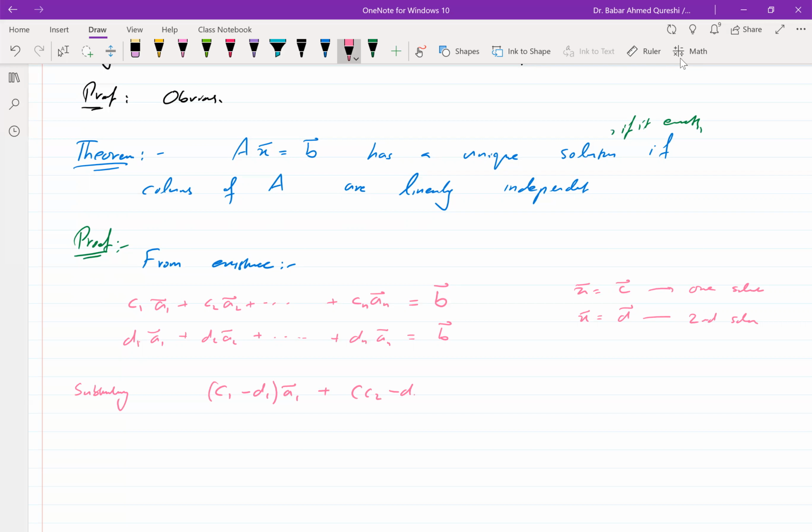And it must have a unique solution. And I know that the unique solution for a homogeneous system is always that all the xi's are 0. So that means this is 0 only if all the xi are 0. But that is telling me that these columns are linearly independent.